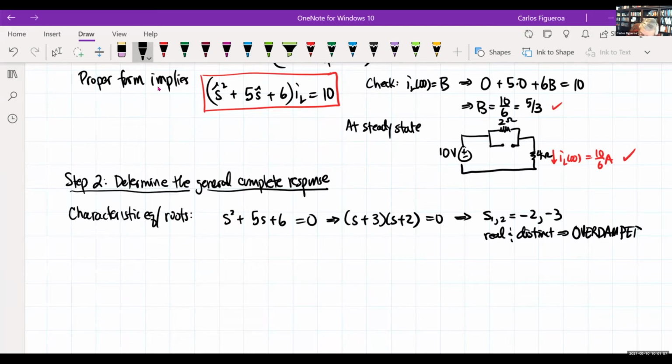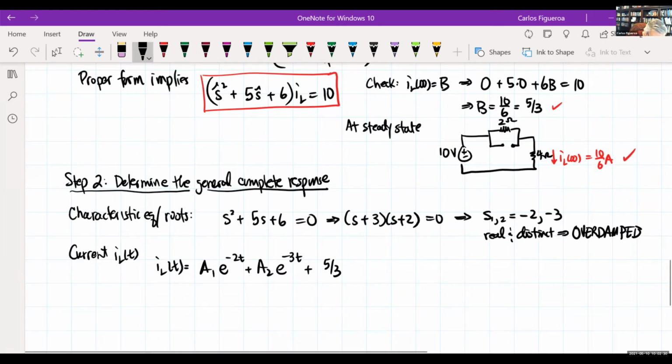Let's go calculate that. If I go calculate this thing, this tells me that the current IL of t should give me A1 e to the -2t plus A2 e to the -3t plus my forced response, which should then be 5/3.